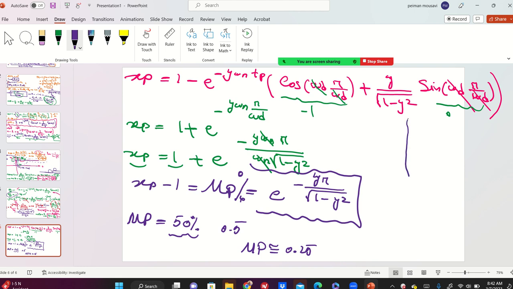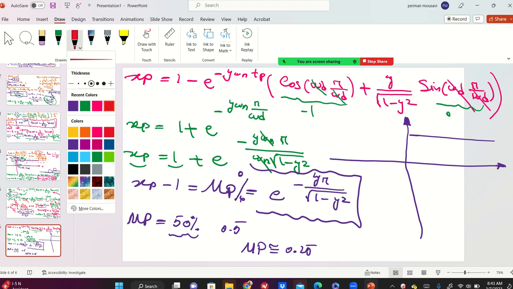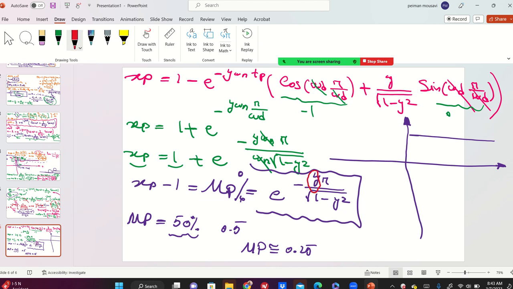Saying that, I'm going to go to MATLAB, don't worry, okay? Saying that, okay, this is the input. If your damping ratio zeta, you have a very underdamped system, say 0.1.